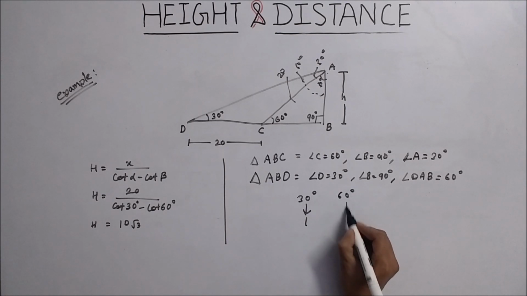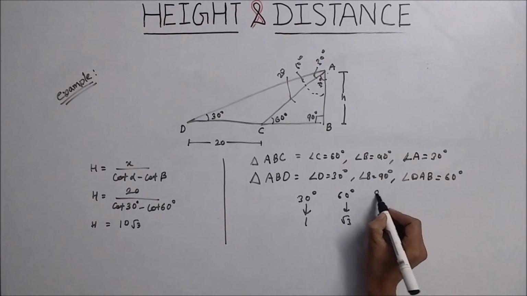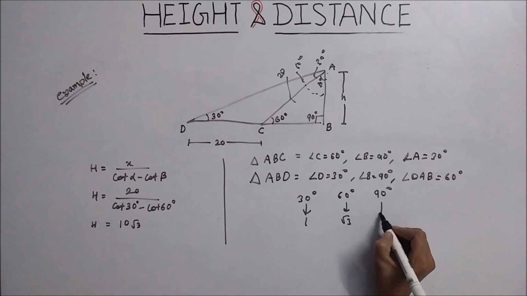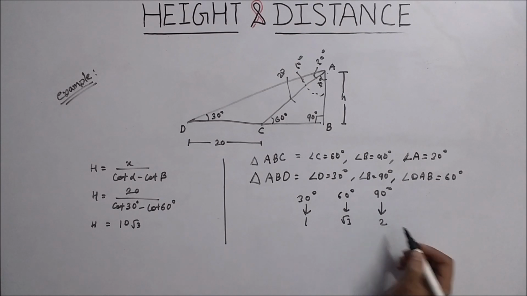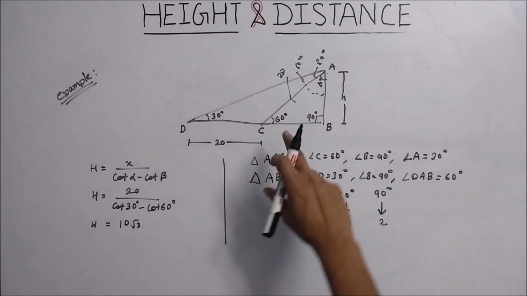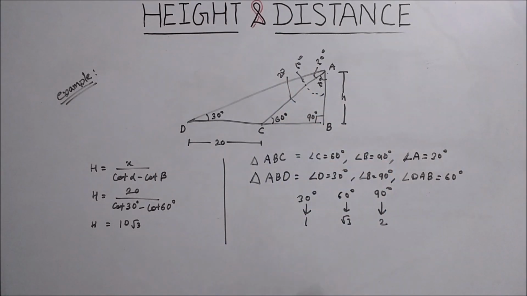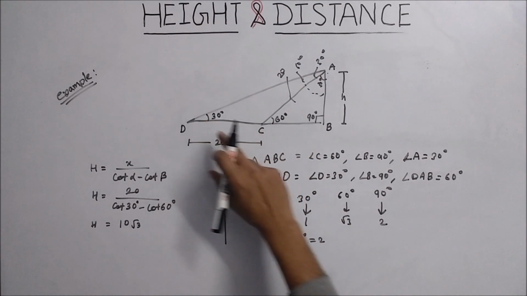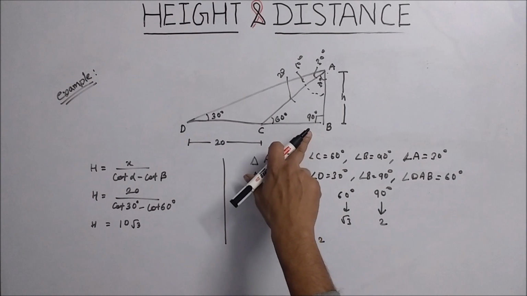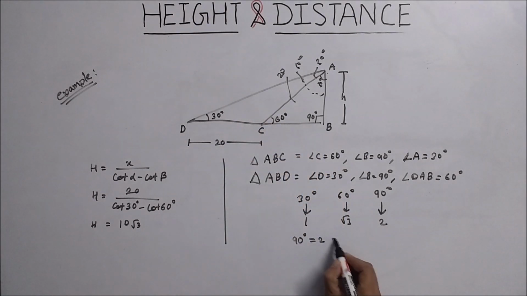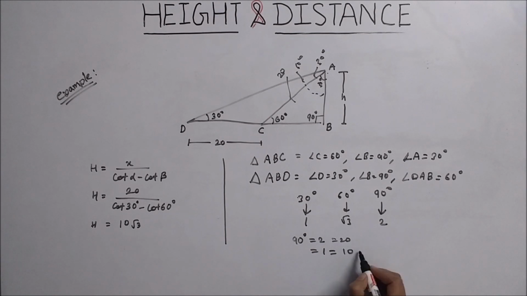For 60, it's root 3. For 90, it's 2. And we have been given the side 20, that is opposite to 90 degree. So we start at the 90 degree angle. According to us, 90 degree is 2, and according to the question, the side opposite to the 90 degree angle is 20. So we get 1 is equal to 10.